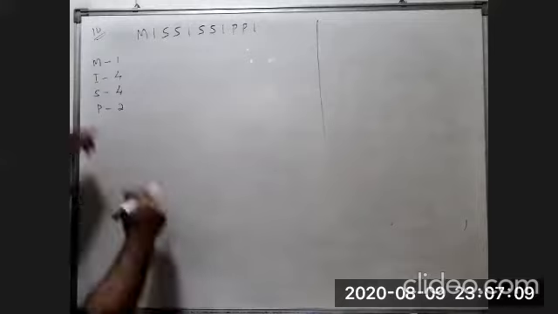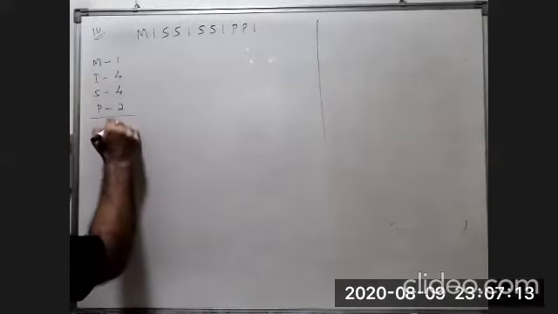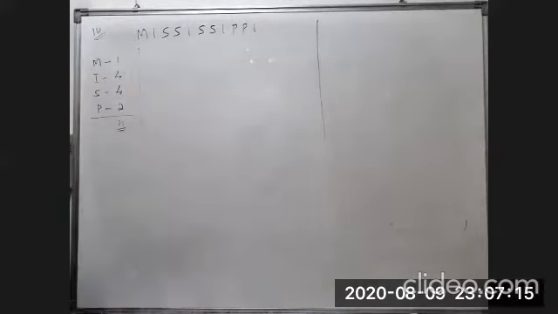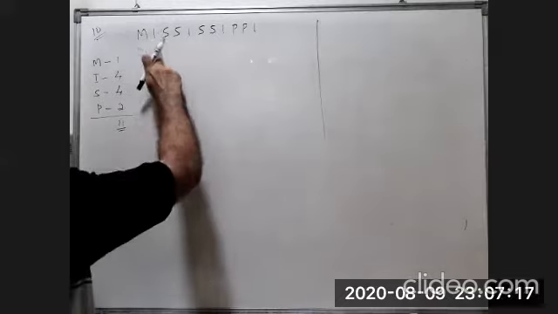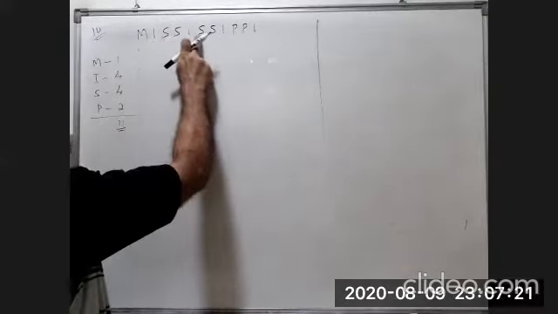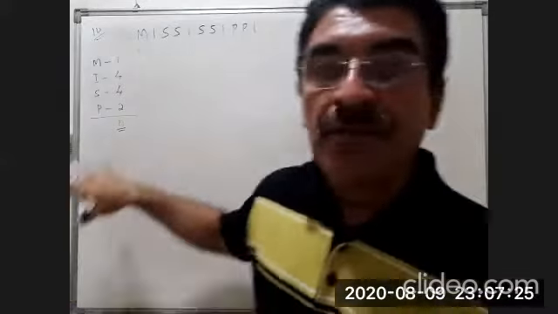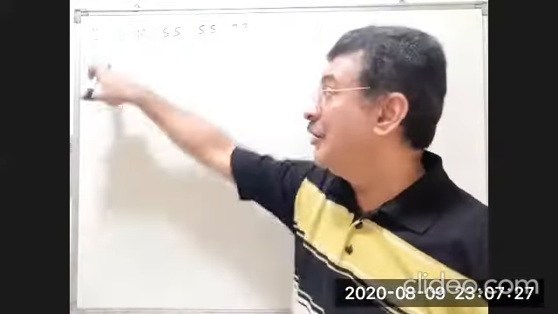So total 10, 11. Check whether 11 letters are there: 1, 2, 3, 4, 5, 6, 7, 8, 9, 10, 11. That means we didn't miss any letter, we counted all letters.